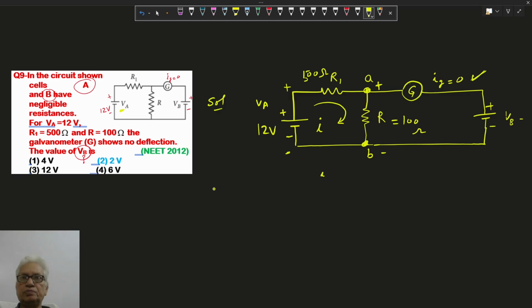It is only possible when EB equals the potential drop across the resistance. In the left circuit, the current I will be the total voltage across the resistance 500 plus 100, which means 600.